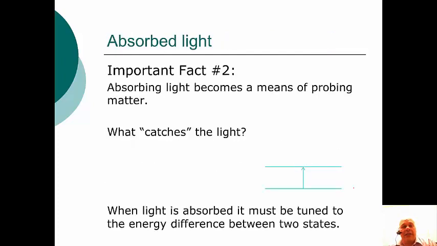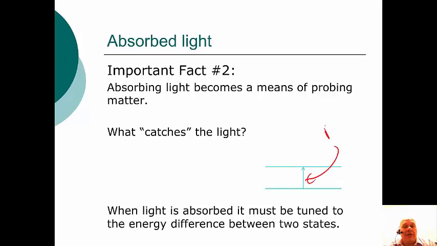So ultimately, this leads me to important fact number two about light. Absorbed light interacts with the matter, and because it has energy that must be disposed of, its energy must correspond to a difference between two states of the material.